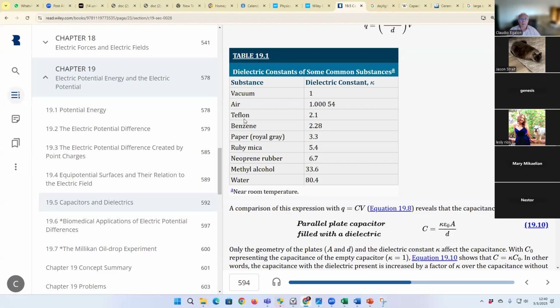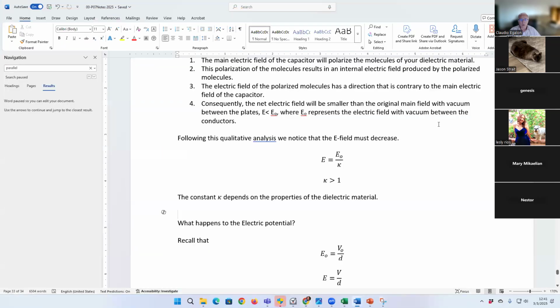But depending on the dielectric material, for instance, Teflon is a dielectric material. Teflon is what is used in your frying pan, so stuff doesn't get stuck at the bottom. Benzene, 2.2. Paper, 3.3. Mica, a dielectric material found in nature. Neoprene rubber, 6.7. Methyl alcohol, the liquid. Water: look, water is 80.4 for the dielectric constant. It has no unit, this kappa.